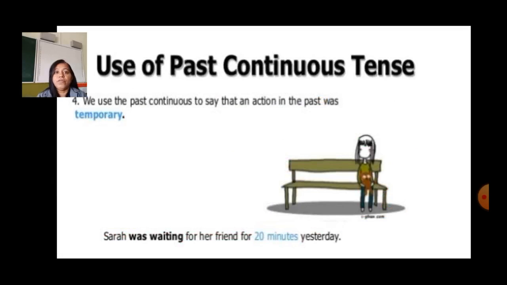Next, we use the past continuous tense to say that an action in the past was temporary. Sarah was waiting for her friend for 20 minutes yesterday. So that action is temporary. Okay, so at that time we will use past continuous tense.